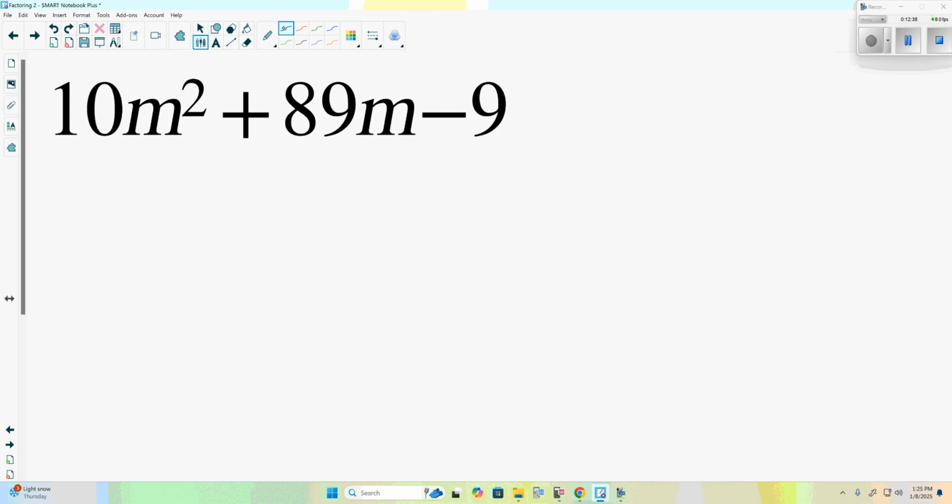Now there is no greatest common factor between these three terms. So we'll have our two sets of parentheses with three spaces. Here the third term sign is negative, so the signs for our factors are opposite. One's going to be positive, one is going to be negative. Now if we look at the factors of the first term, 10m squared, well the factors of m squared are going to be m and m.